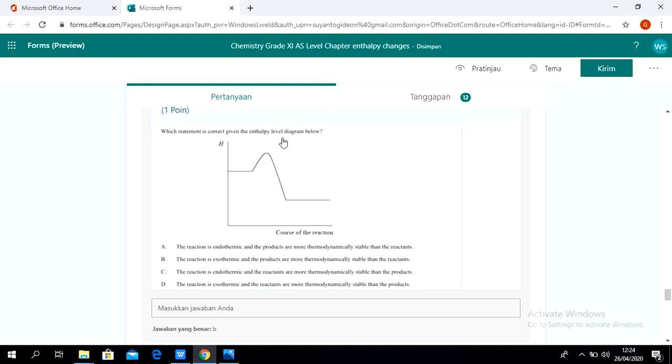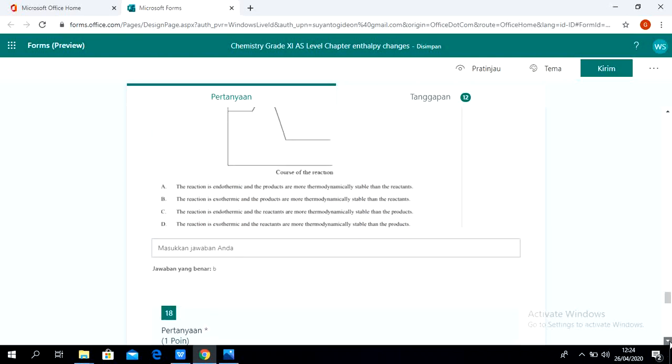The statement gives the enthalpy level diagram below. This one is the start, this is the final. So we know that energy flows from the start to the end, not end to start. So there is a temperature rise, decrease. So the answer is: reaction is exothermic, products are more thermodynamically stable than reactants.